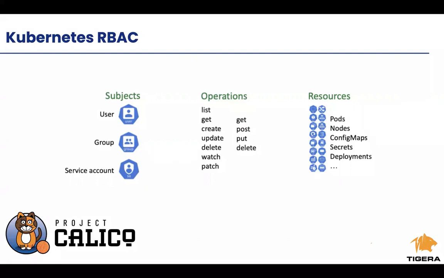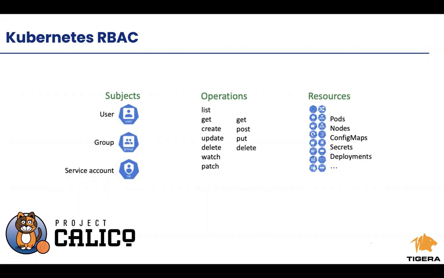The operations can be applied or matched to one of the subjects using roles, and role bindings then provide the means to link those operations and subjects to what resources the actions can be performed on.